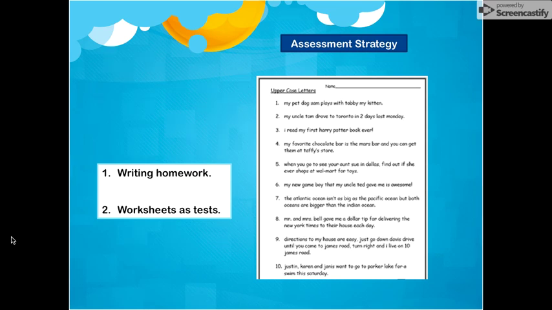And secondly, we can assign worksheets as a small test for them. For example, with this worksheet, we can ask the students to correct the capitalization errors so that we can tell if the students have a good mastery of this knowledge.